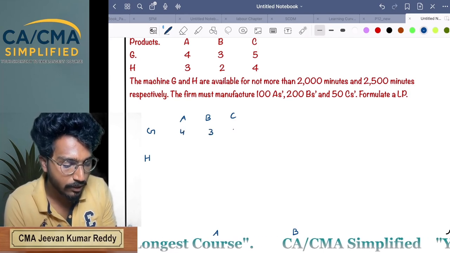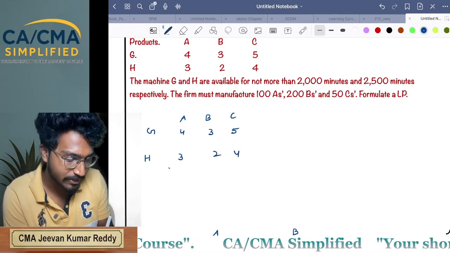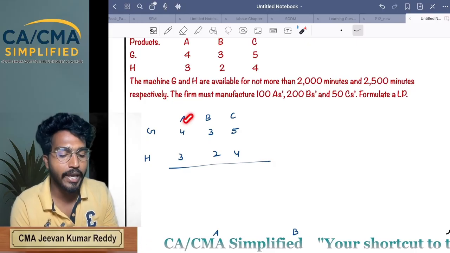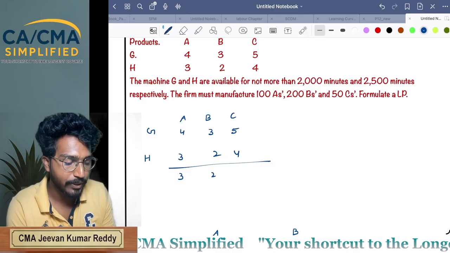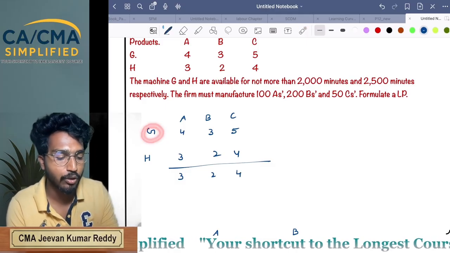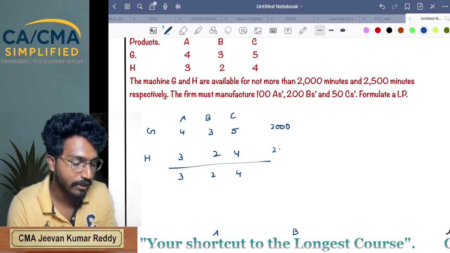B requires 3, C requires 5. Then 3, 2, 4. And what is the profit? If you produce product A you will get a profit of 3 rupees, then 2 rupees, 4 rupees. And what is the total minutes available? 2000 and 2500.